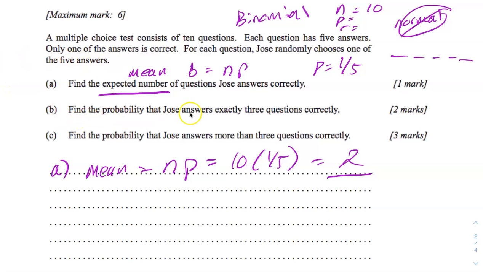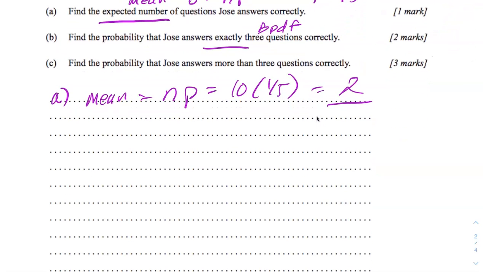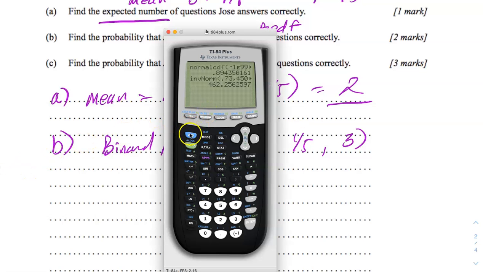Find the probability that Joe answers exactly 3 questions correctly. So remember, exactly is binomial PDF. N is 10, probability is 1/5, and R is 3. So we need our calculator back. We're going to go second, distribution.